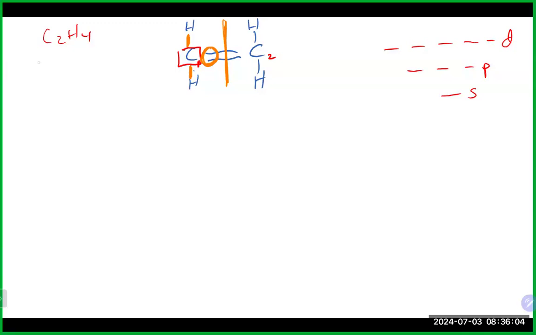So that carbon has 3 electron pairs, which means if we mark off our little chart here, 1, 2, and 3, in this case I use an s and only 2 p's, which means the hybridization of this carbon is sp2. Any questions on how I got there?